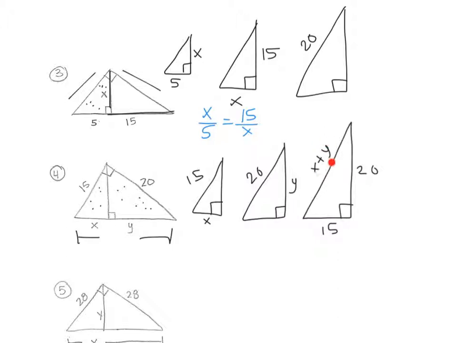I also don't want to do x plus y is to 15 as 15 is to x because I have x and y. So I need to find a triangle that I can use that just has one variable in it. So I'm going to do these two right here. Put these in blue.